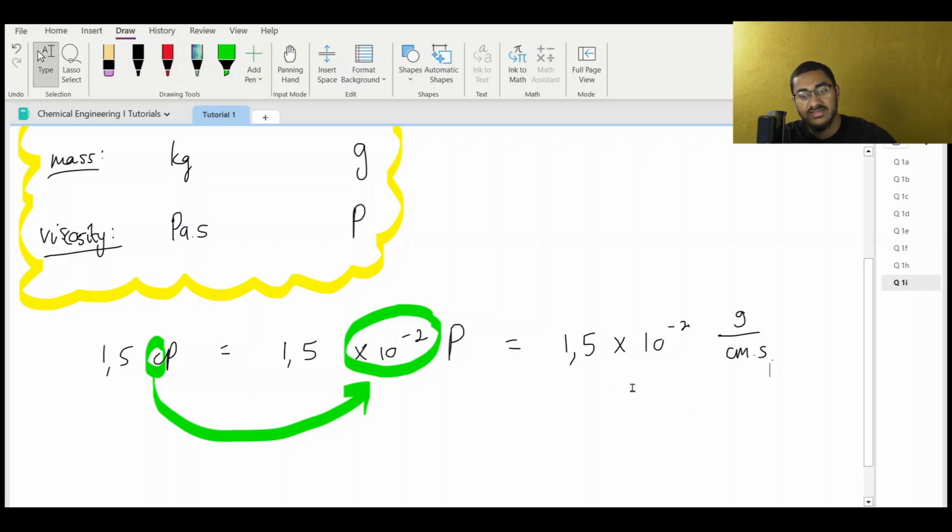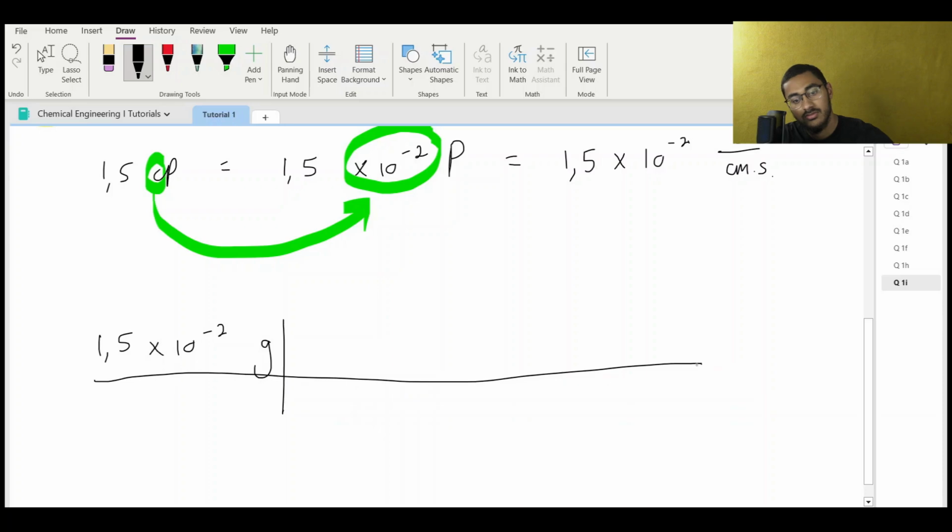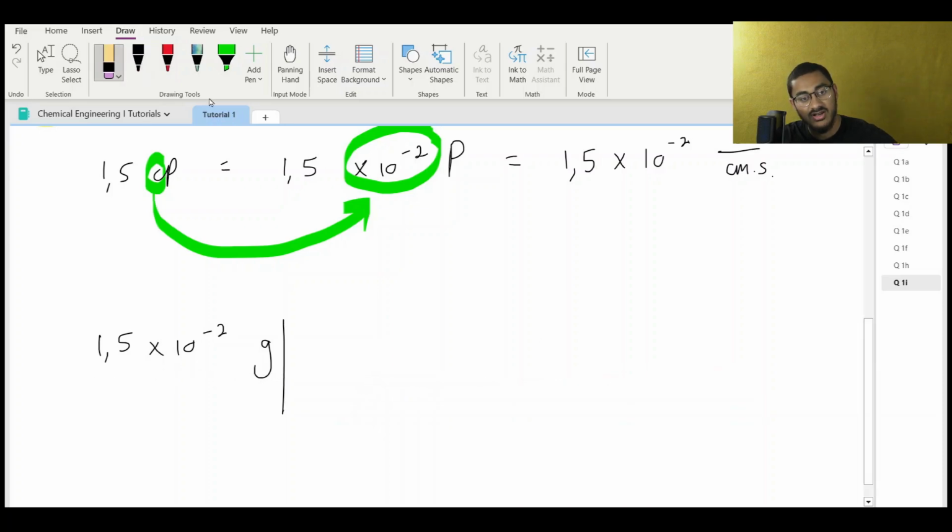And now that we've got this down, all they want me to do is convert this to SI units. So you know your SI unit system well. The base units are kilograms, meters, and seconds. So 1.5 times 10 to the minus 2 grams per centimeter per second.